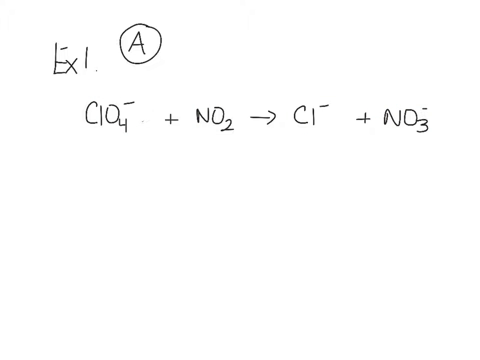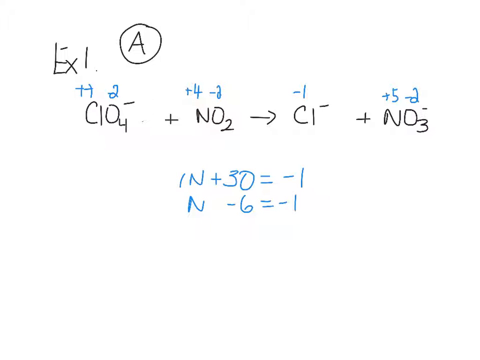So we're going to do method A first. Both method A and method B start with assigning oxidation numbers. One nitrogen plus 3 oxygens equals -1, because the charge on nitrate is -1. Oxygen is -2, so this is -6.